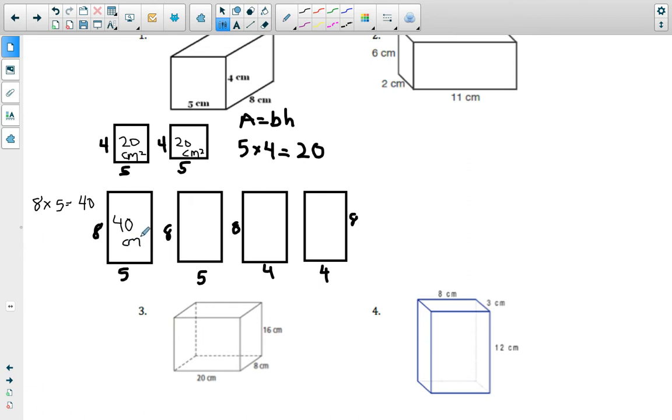And so is this one. My last two rectangles are both 8 by 4, which is 32 centimeters squared.